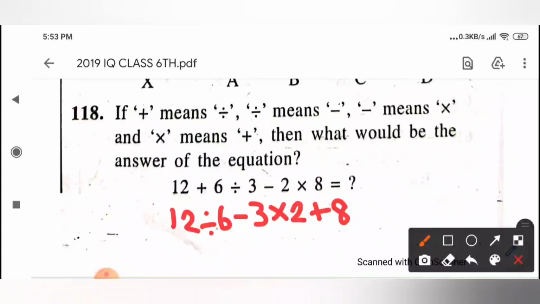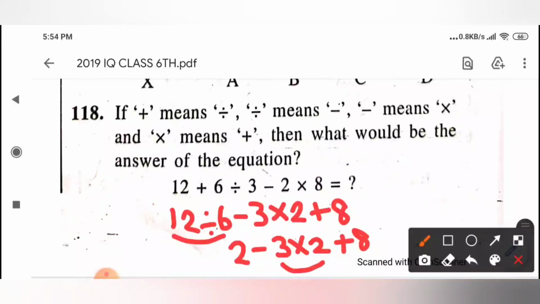Now use BODMAS. Bracket, of, division, multiplication, addition, subtraction. There is no bracket, there is no of. So we start with DMAS, division first. 12 divided by 6 is 2, minus 3. Write the rest of the thing, into 2 plus 8. After division, we have to do multiplication. 3 2s are 6.